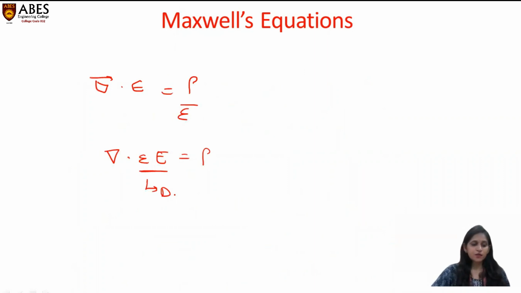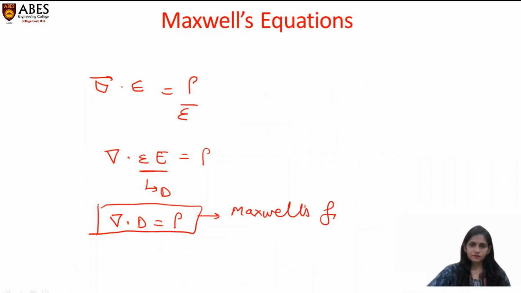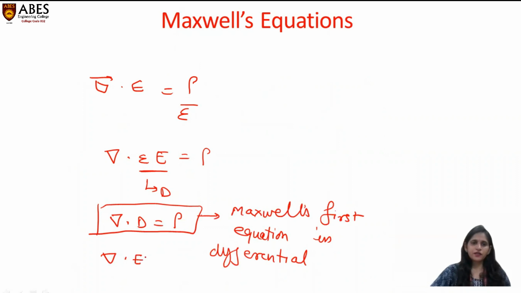So we can write del dot D is equal to rho. This is also Maxwell's first equation in differential form. Both these equations, this one and del dot E is equal to rho by epsilon, represent Maxwell's first equation in differential form.